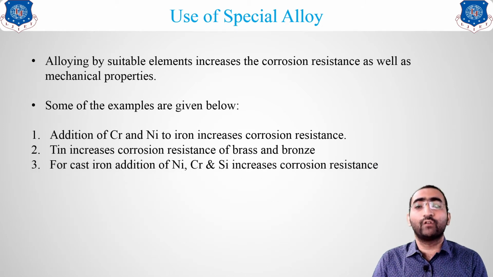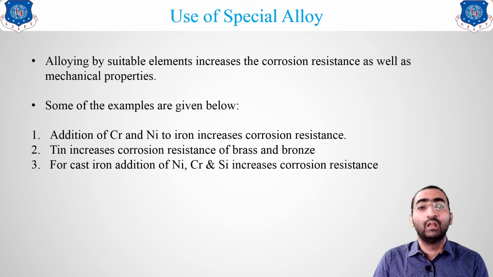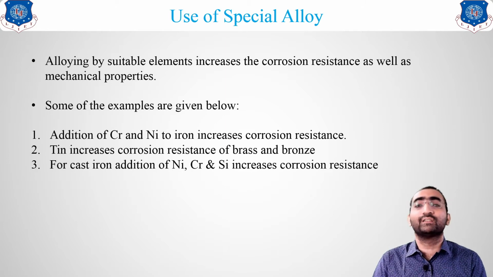And the third one, for cast iron, is nickel, chromium and silicon, all three of which can give proper corrosion resistance. Majorly, chromium and nickel are used for the corrosion resistance of the material. So this was a special category, where by addition of one or two alloying elements inside the material, that material becomes corrosion resistant.